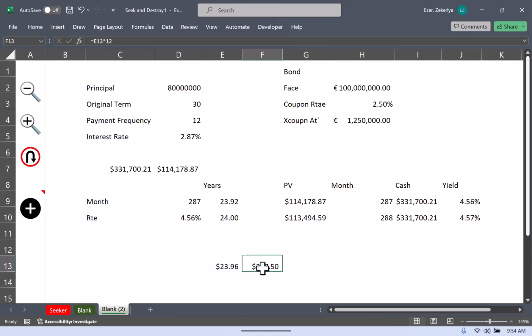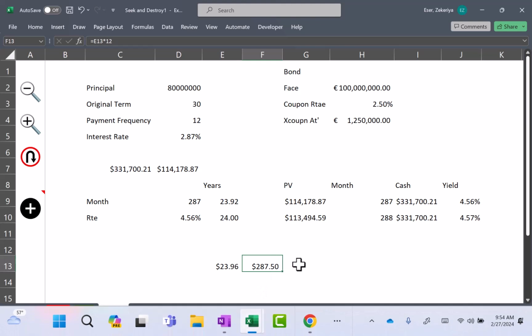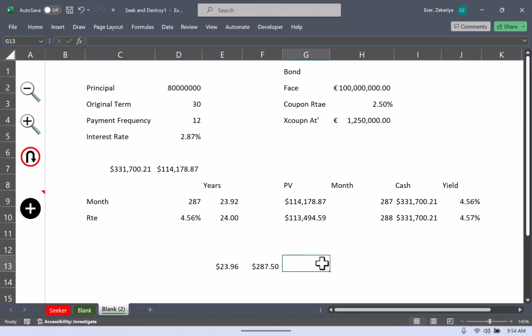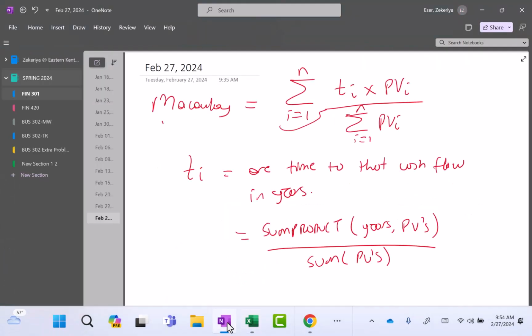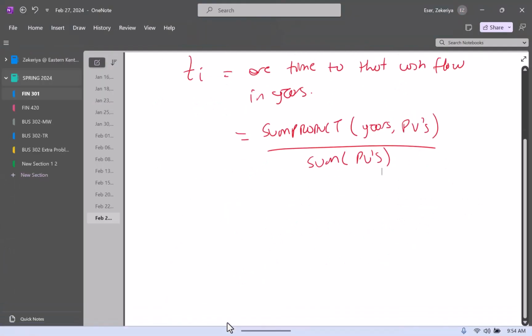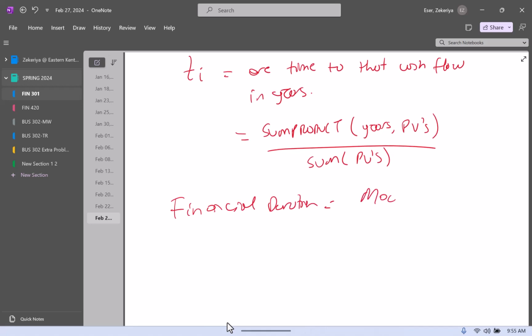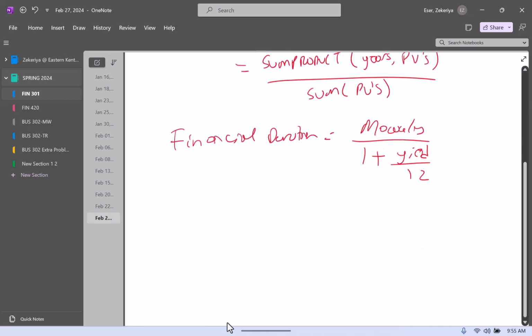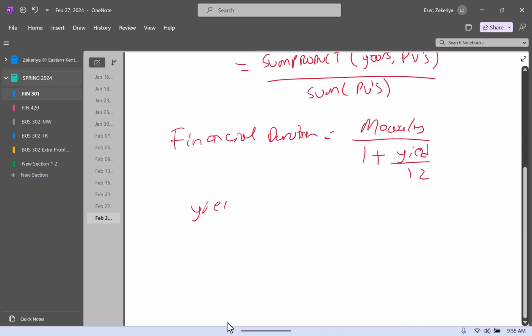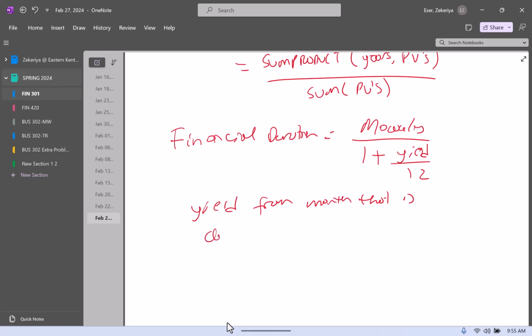Remember, for the financial duration, you do the following. One plus yield over 12. But in this case, I ask you to get the yield from month that is closest to Macaulay duration.